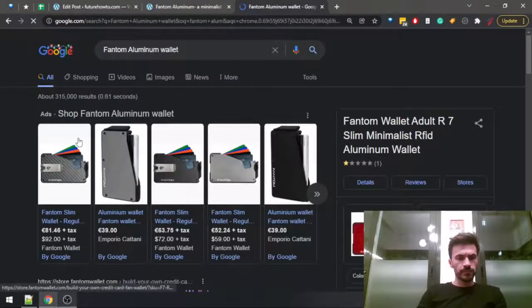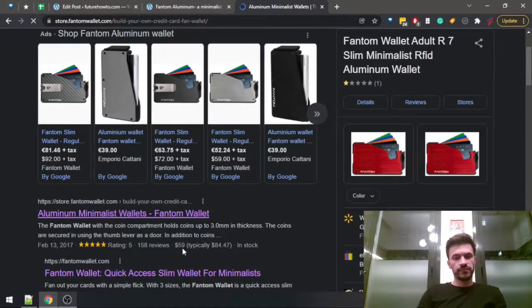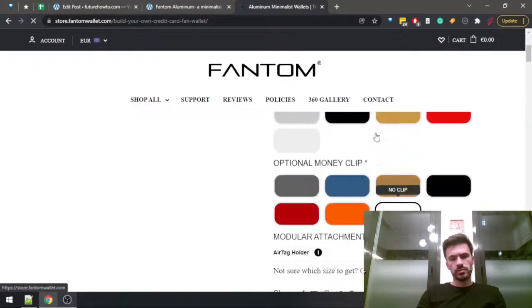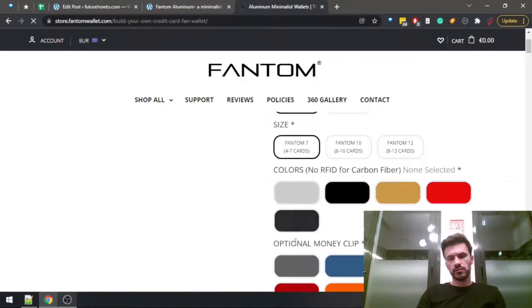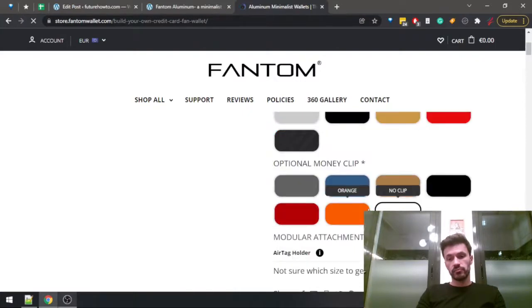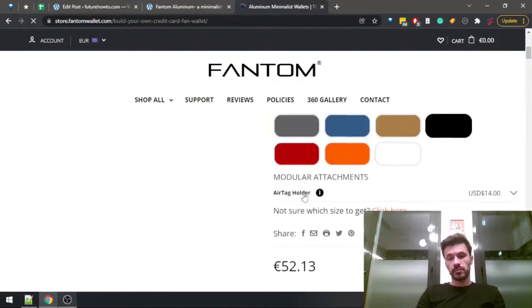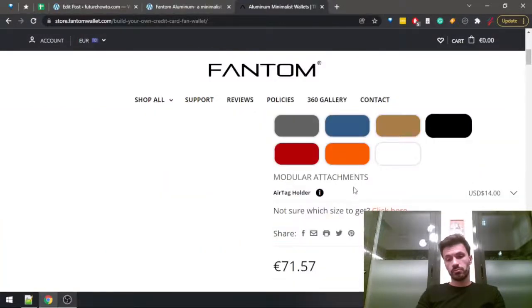Phantom aluminum, 59. Is it on a discount or something? 52 euro. Oh, we're talking about the biggest size. And if we add a money clip. Come on, what's going on here? And a coin holder. Okay.